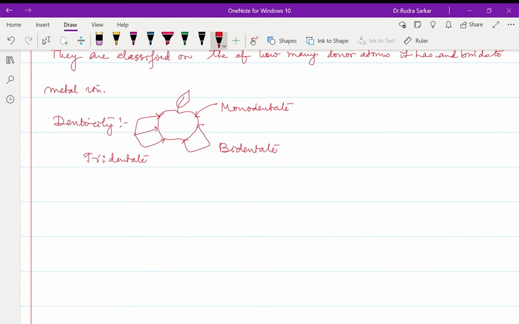So ligands can be broadly classified under this heading. Okay, let's have a look.